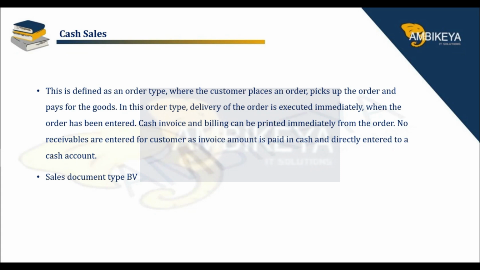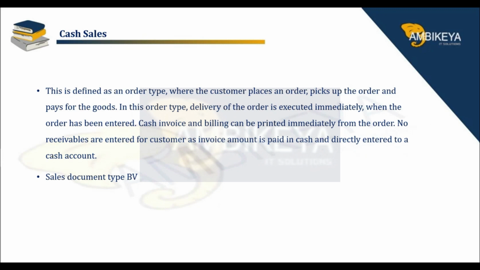We do not do picking, packing, or post goods issue, where we remove the goods from the stock. That will be done at the back end, and all these activities which are manual for a normal sales order will be eliminated.